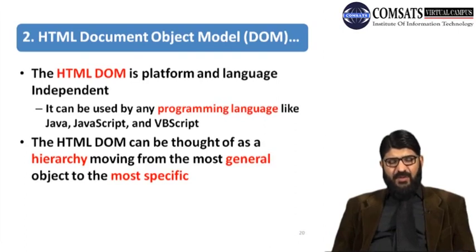So the HTML DOM model can be used with any programming language, like JavaScript, VBScript, and similarly. And the HTML DOM is thought of as a hierarchy, moving from the general objects slowly towards the specific objects.